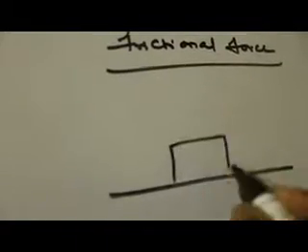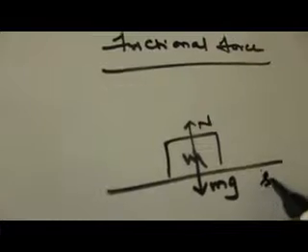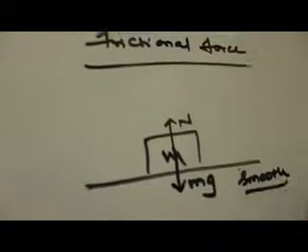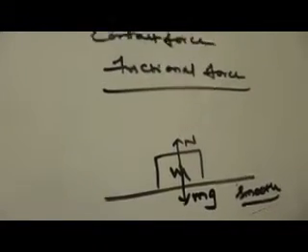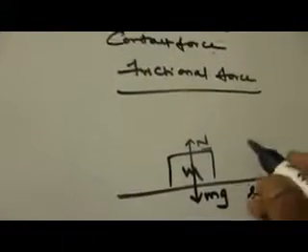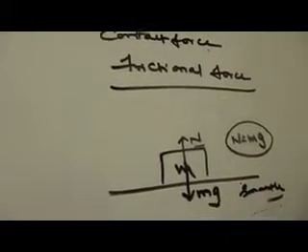For example, if I consider a block of mass m placed on a surface, the weight acts vertically downwards, whereas the normal reaction acts vertically upward if the surface is smooth. A smooth surface means there is no frictional force arising; there is just one force, the normal reaction, perpendicular to the surfaces in contact. According to Newton's third law, the normal reaction will be equal to the weight of the block, mg.